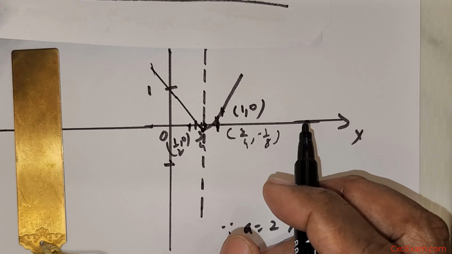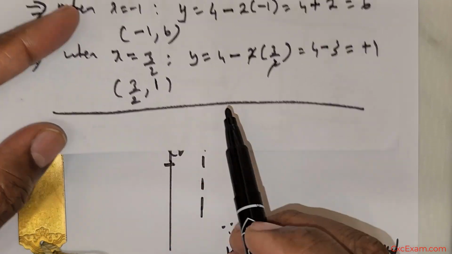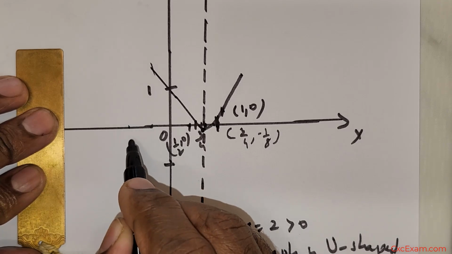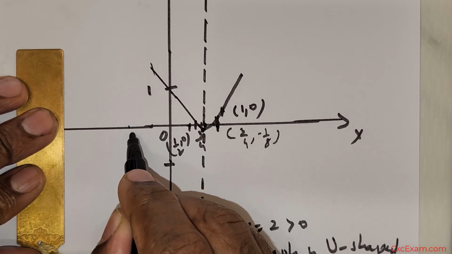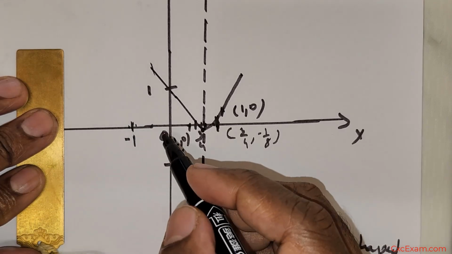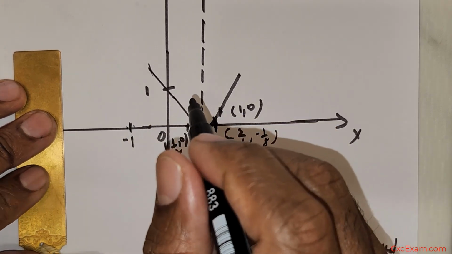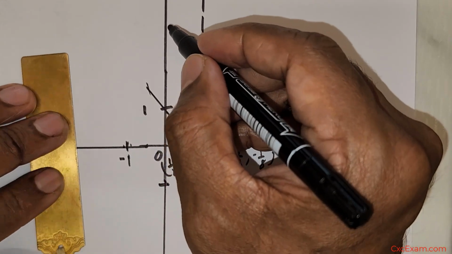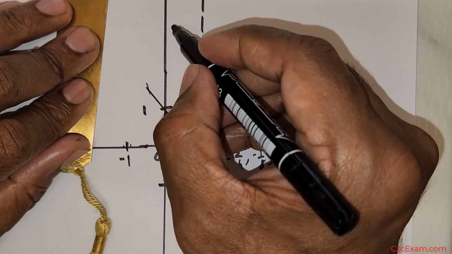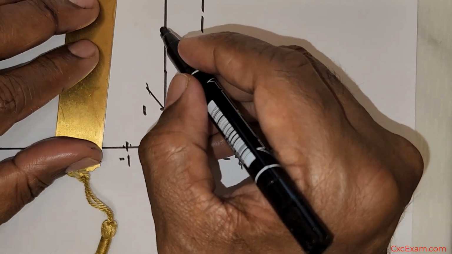So that is the next point. So -1, 6. If I were to take this one as -1, then -1, 6 has a hit here. Okay, so that point of intersection we will have to produce.